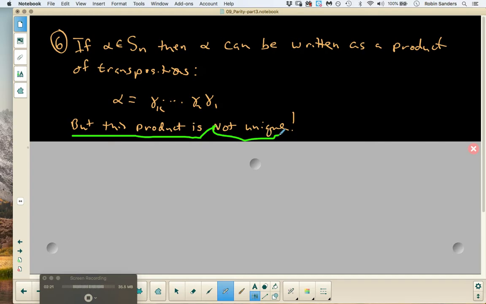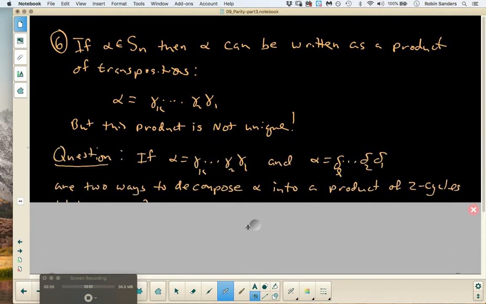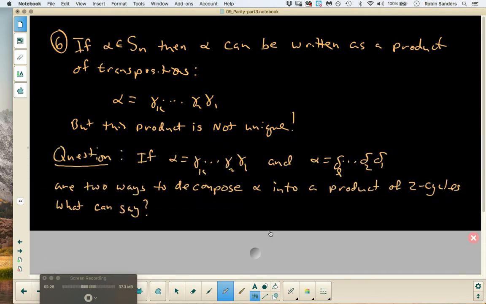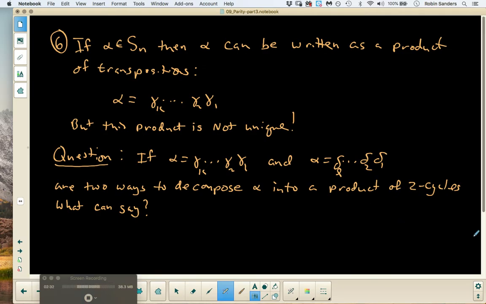And so the fact that that product is not unique brings to the forefront the following question: if I have 2 ways to write a particular permutation as a product of 2-cycles, what can I say about them?